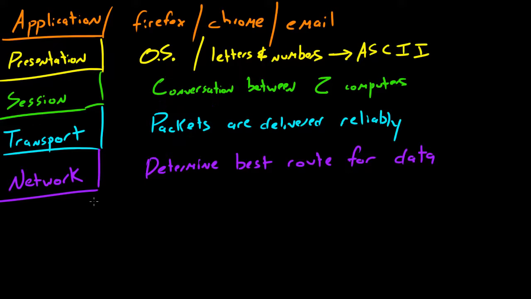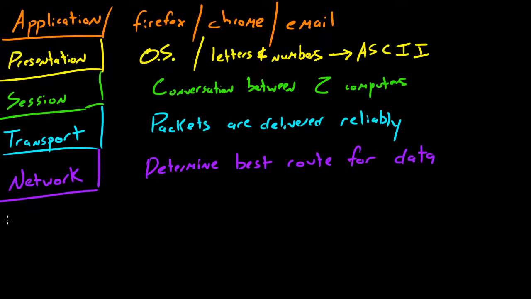So what it does is it reads these addresses and it determines the fastest possible route. Now, of course, if you ever heard of routers, you probably have one in your home. These are involved in this layer right here. So remember that routers are involved in the network layer, and it determines the best route for your data by reading the address on the packet, and determining the fastest, most reliable route to the destination computer.